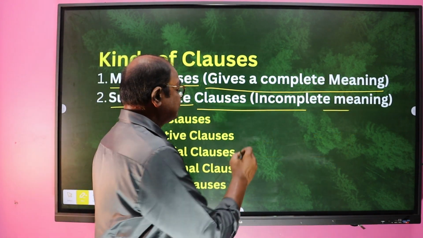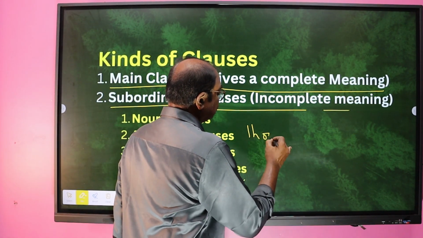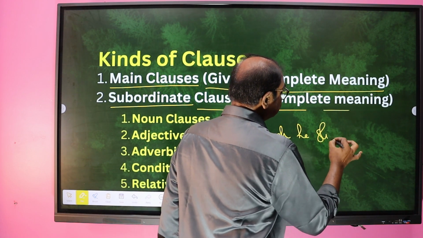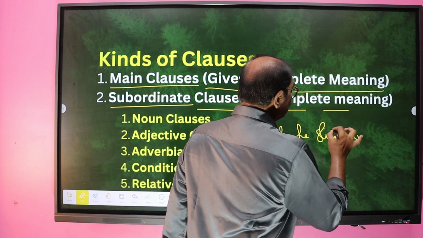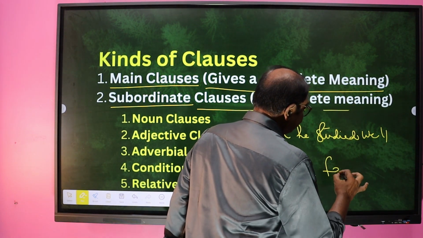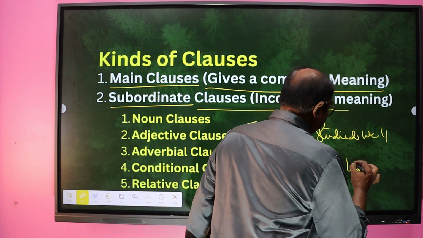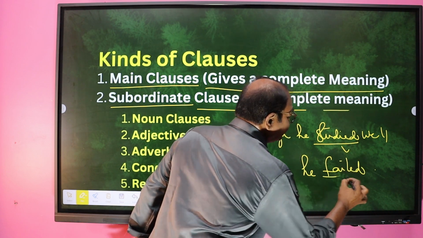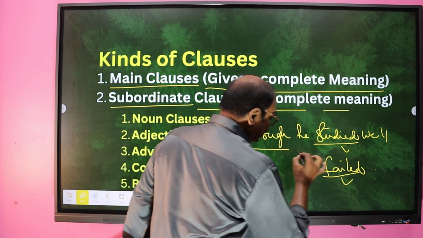Say another sentence. Though he studied well, he failed. Say here, this is one verb and this is one verb. So, 2 clauses are there.